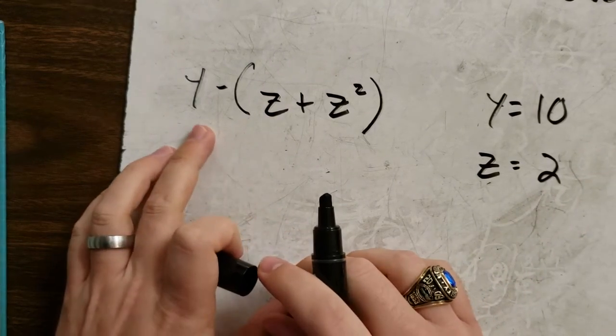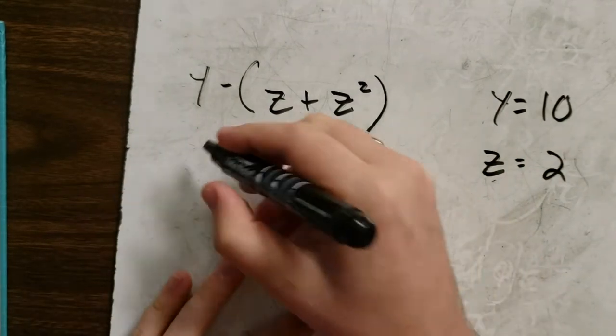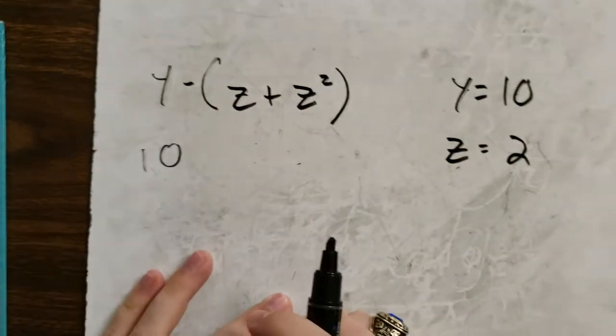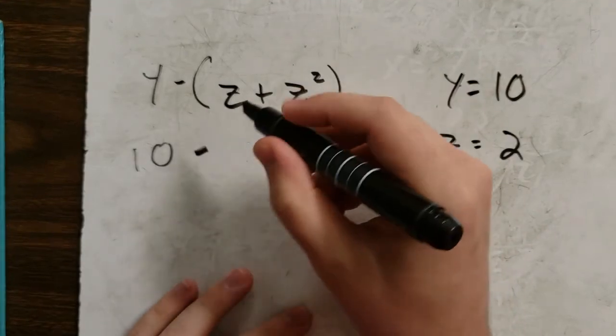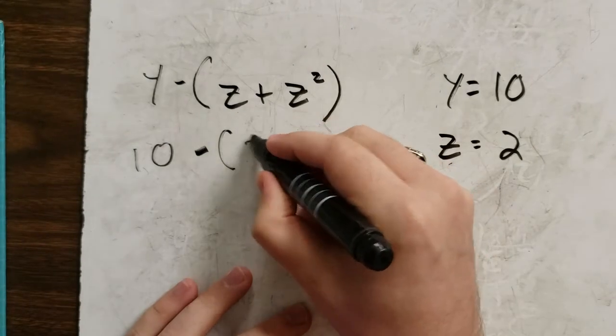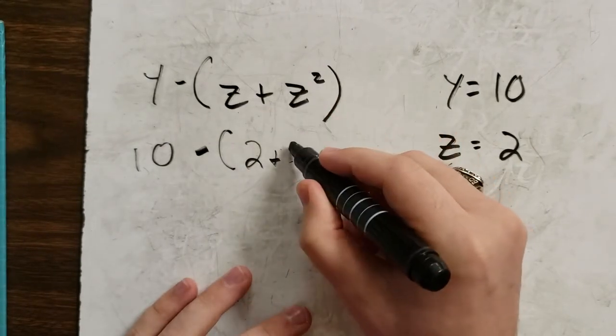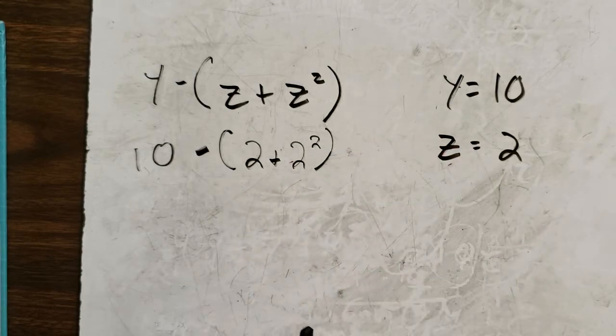So we plug in the terms we have. Our y equals 10, so when we see our y, we plug in 10 minus parentheses and our z. Our z is 2, so we have a 2 here, plus z squared, so our z becomes 2 squared.